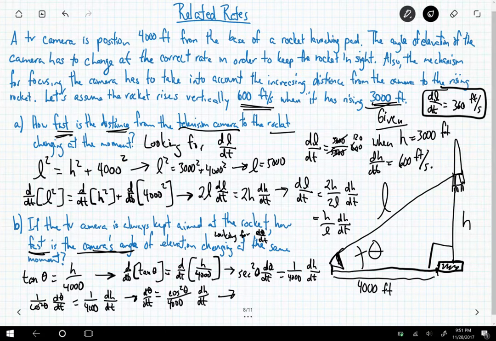What is cosine squared of theta? Well, we just found it's going to be adjacent over hypotenuse. So our adjacent side is 4,000 over our hypotenuse, which we just found is 5,000, and all of that's over 4,000, and dh/dt is 600.